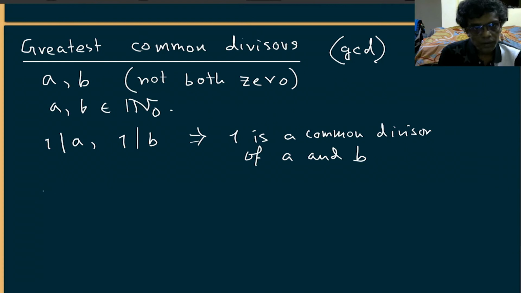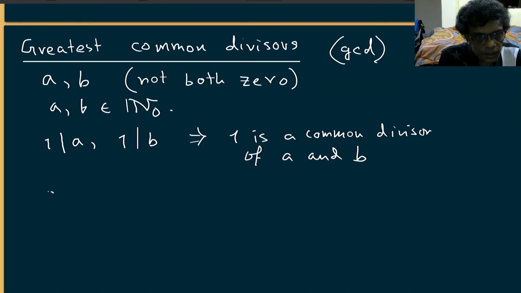So, now I keep on checking whether there is a bigger number which is a common divisor. Definitely I cannot go beyond the smaller of A and B if both are non-zero, otherwise the non-zero one.